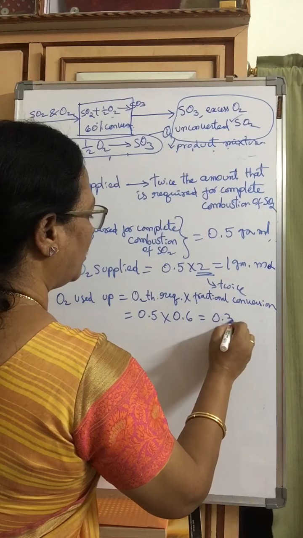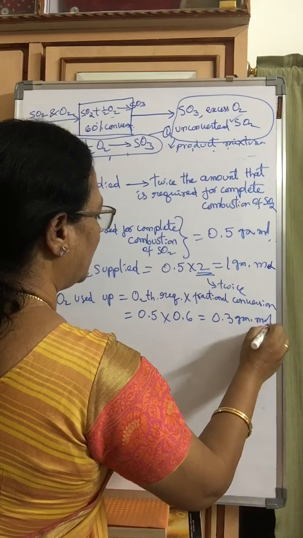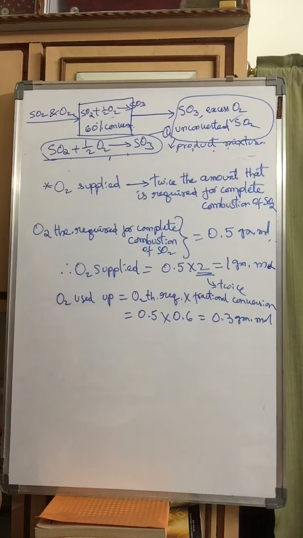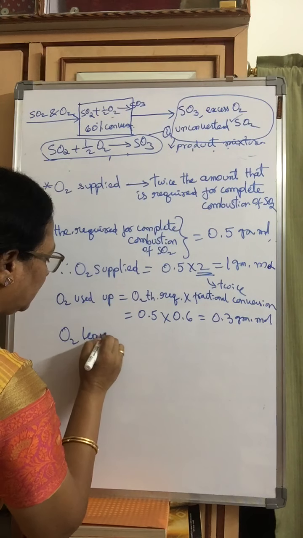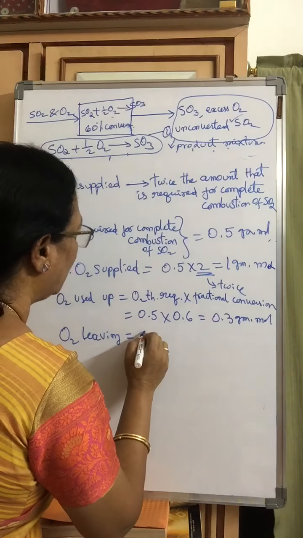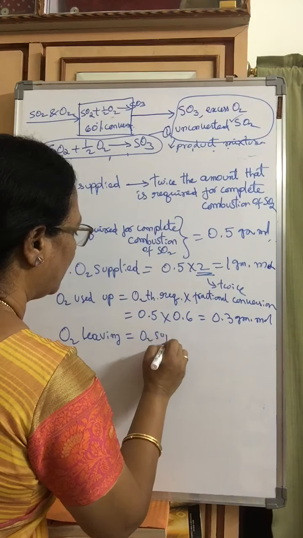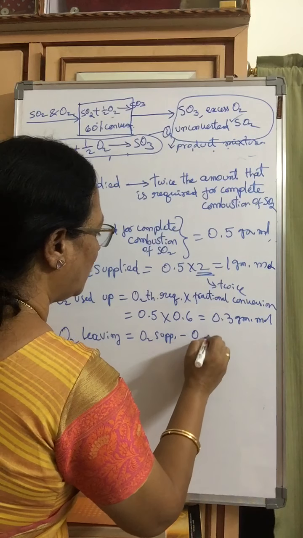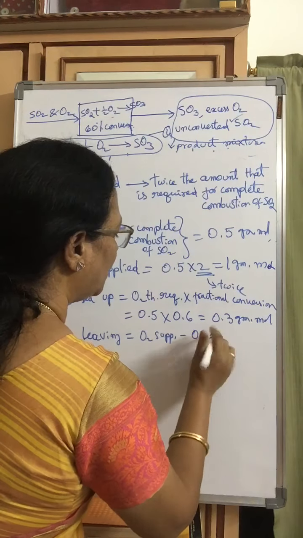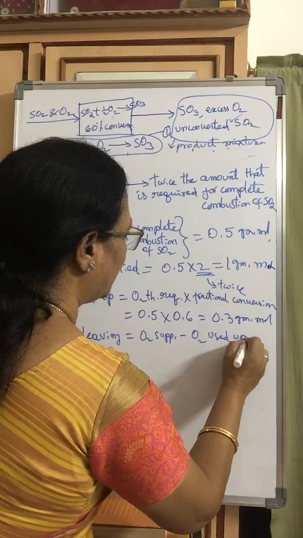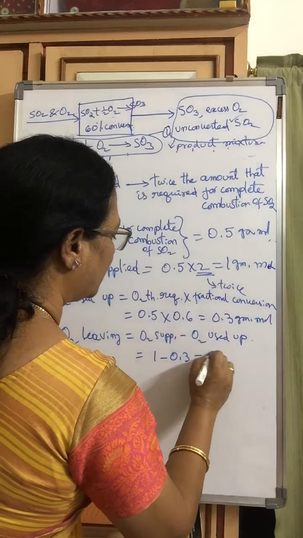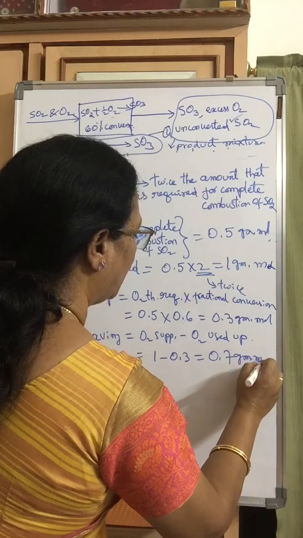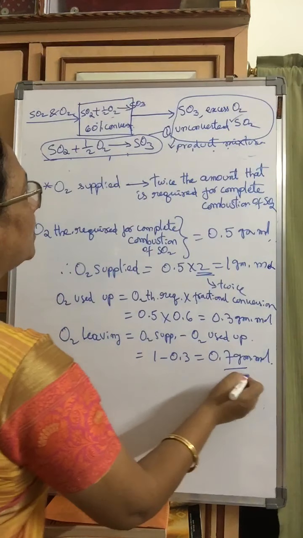Therefore this is 0.3 gram moles. Therefore, oxygen leaving is equal to oxygen supplied minus oxygen used up, that is 1 minus 0.3, which is 0.7 gram moles. This is oxygen leaving.